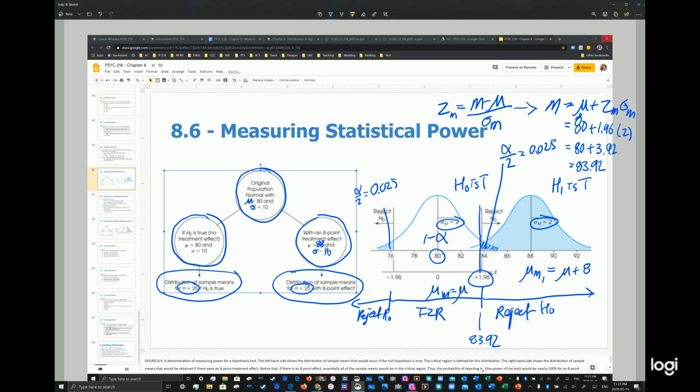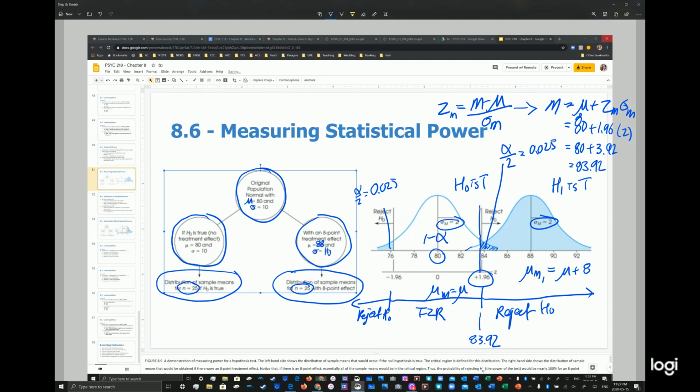So again, in the alternative distribution, the null is not true. When the alternative is true, the null is definitely not true, because there is a difference. Although again, as a reminder, there are multiple possible alternative distributions depending on what your prediction is.